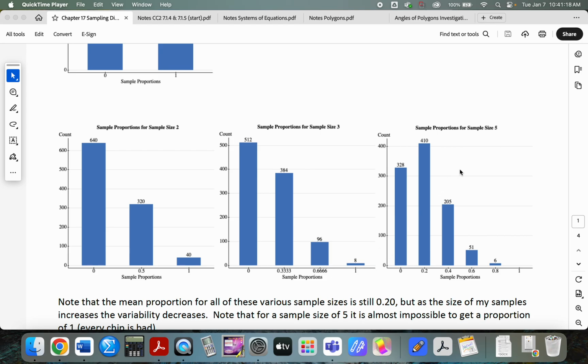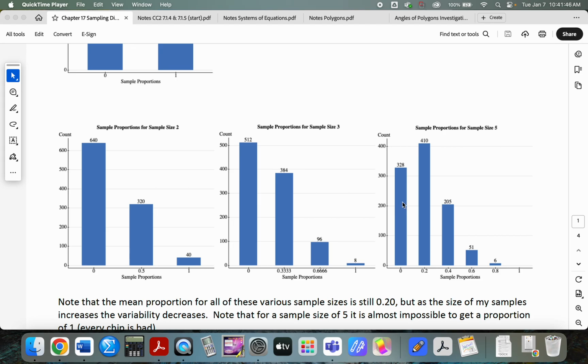Also notice that when we start getting here, okay, when we got to a sample size of 5, this is the first time we had 0.2 as a possibility, that 20% of the chips were actually defective. Well, that should be the one that's the most likely, right? That's the most likely thing to happen, that 20% of the chips are going to be defective.